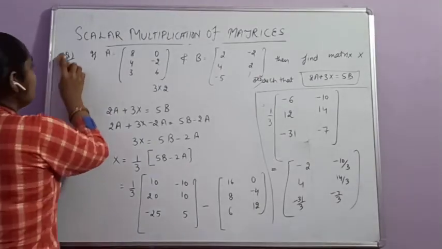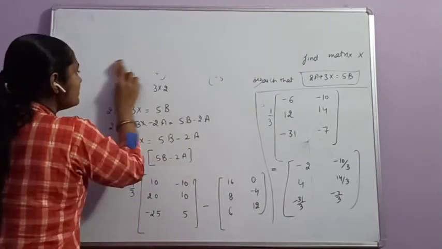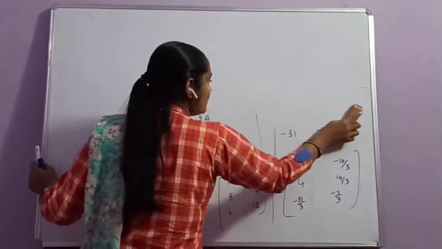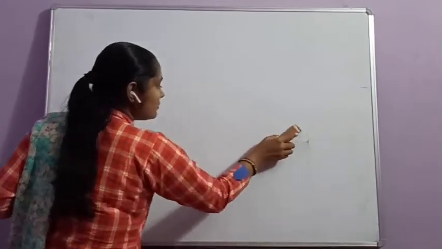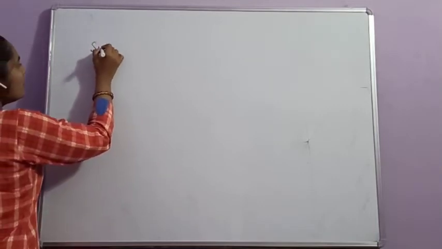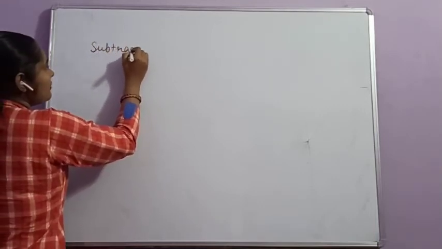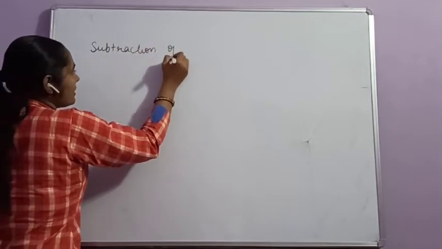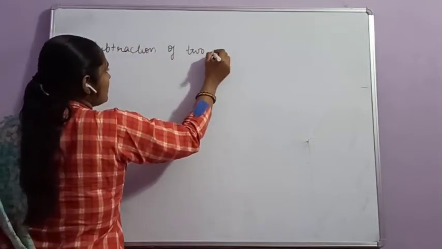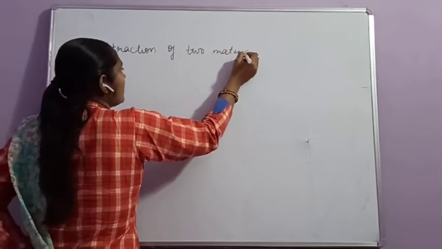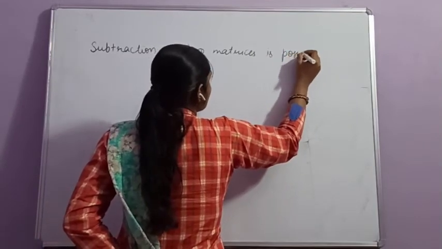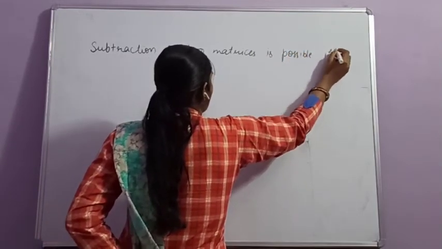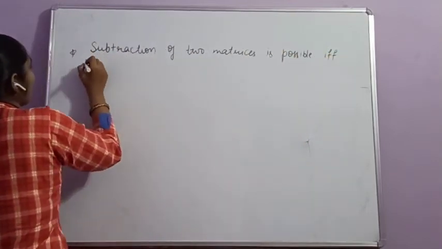That is, subtraction of two matrices is possible if and only if their order is same.